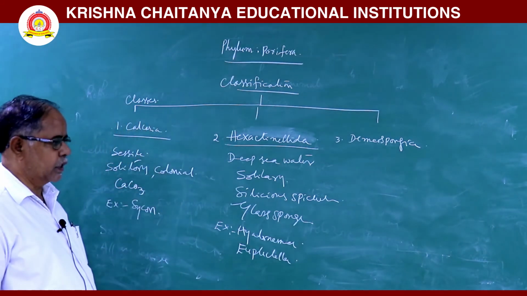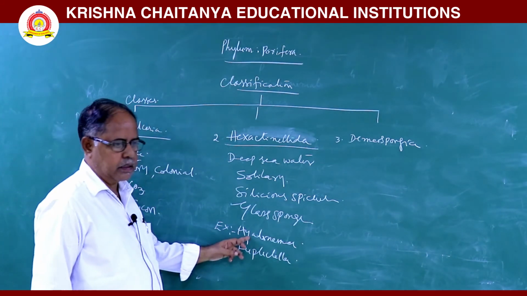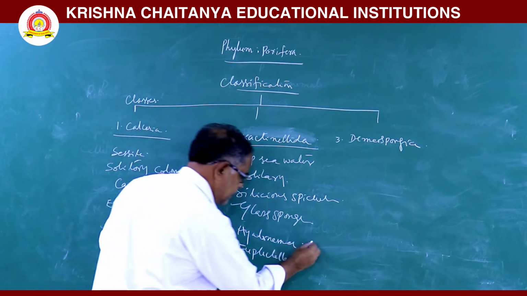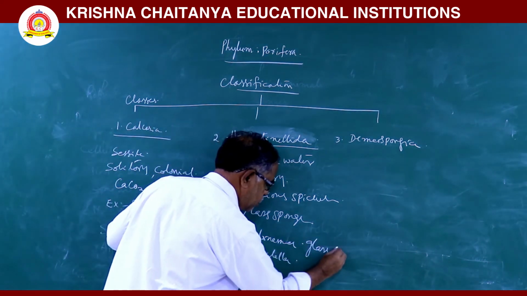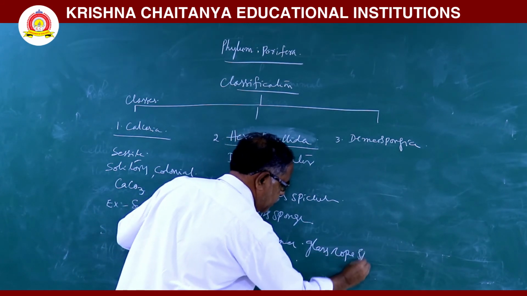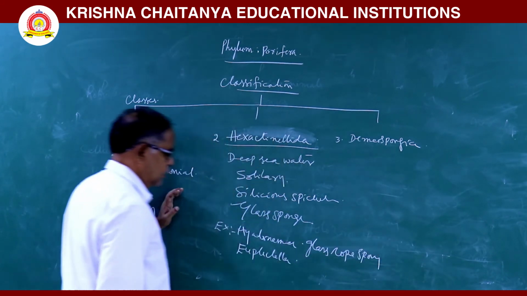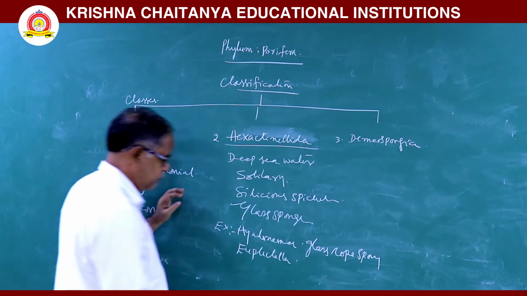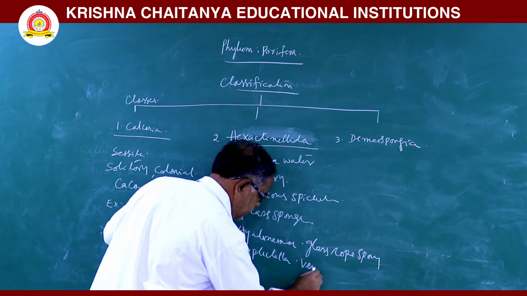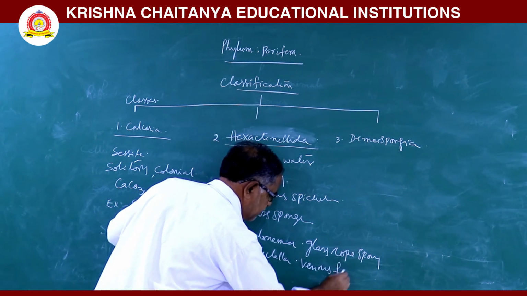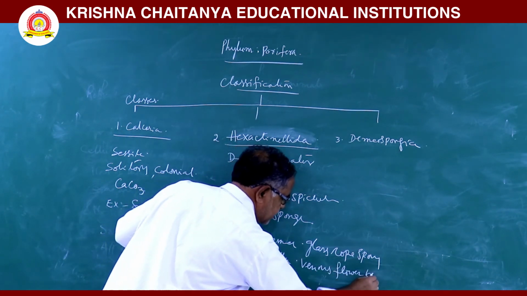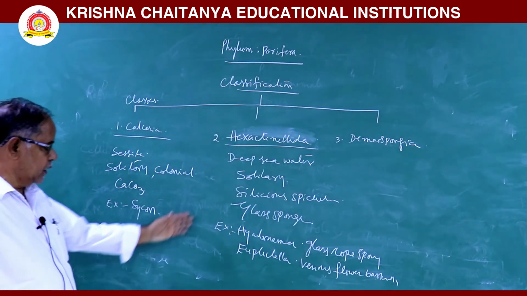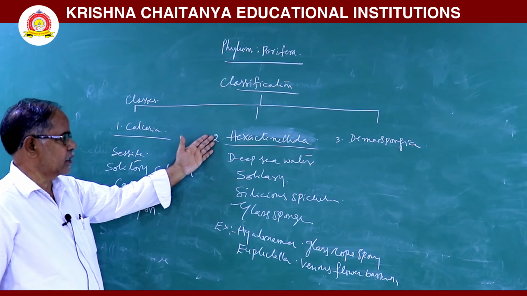Hyalonema is called a glass rope sponge. Euplectella is the Venus flower basket. These are examples for Hexactinellida.